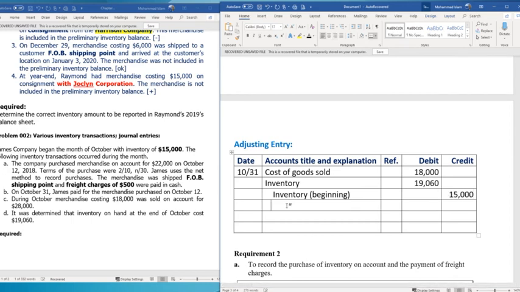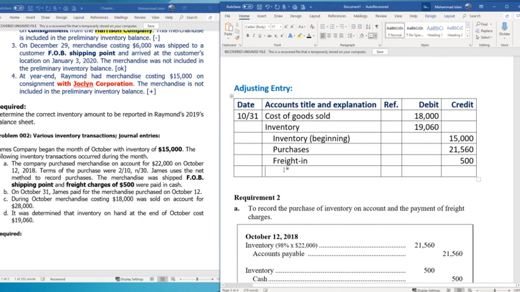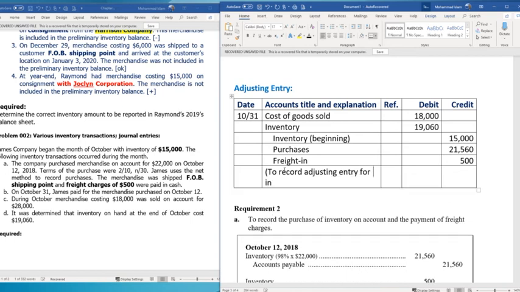You already know about this. And purchases credit, 21,560, which we recorded initially, and freight in credit, that is 500. This is to record the adjusting entry for inventory. This is how we record it.